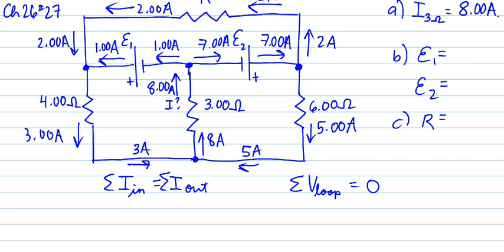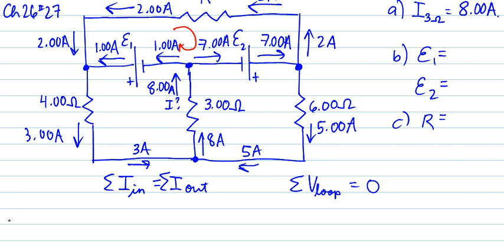Okay, now we're going to make some loops. So the loop rule says that the sum of voltages in a loop must be equal to 0. So the first loop we're going to do is kind of this top section. Okay?